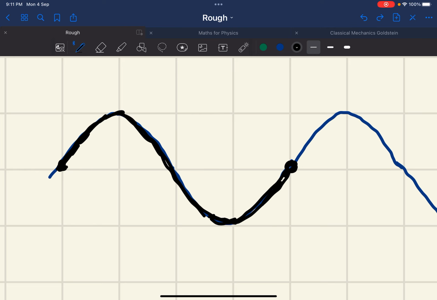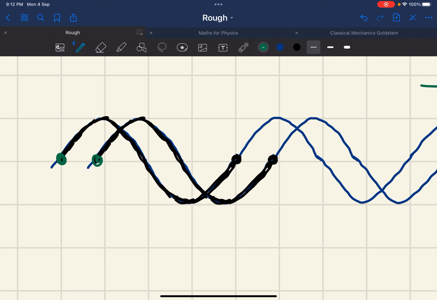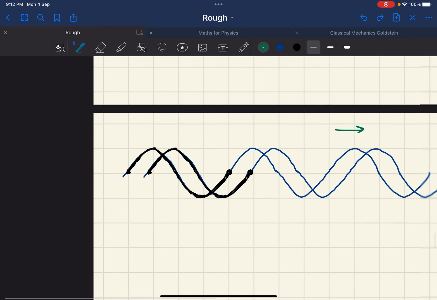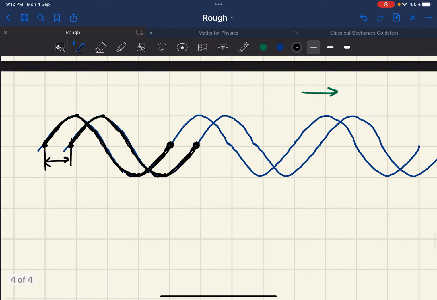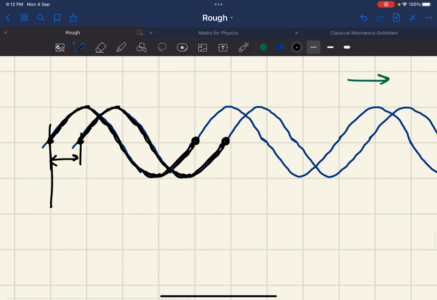It's pretty obvious that this point and this point are the same part of each wave. This part and this part are the same part of each wave, and so on. Then the distance between here and here is some amount of wave, so that's some amount of the cycle.